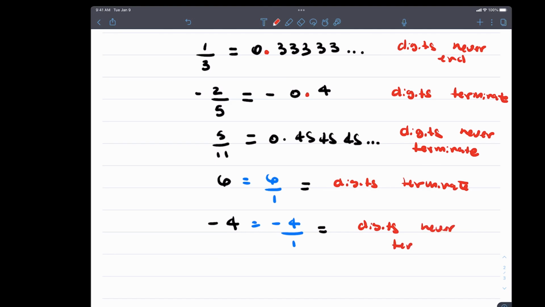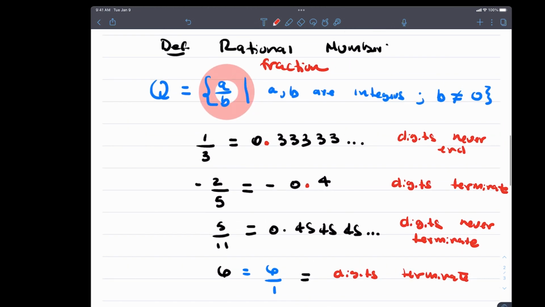So here's what I want you guys to know. This is a big deal in terms of numbers and number sense, because it's part of the course, intermediate algebra. Fractions either do one of two things. Here's a fact.